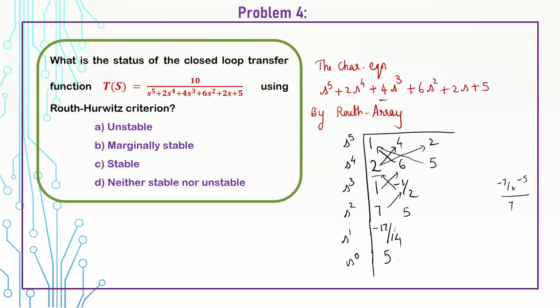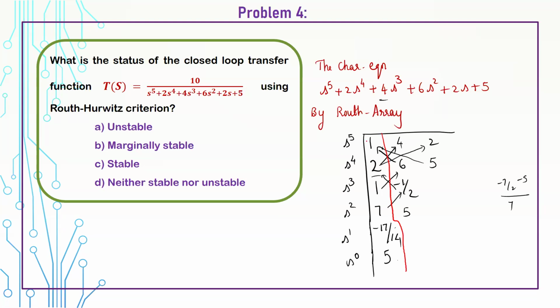Now let me check the first column of the Routh array, whether there are sign changes. The first column of the Routh array is 1, 2, 1, 7, minus 17 by 14, 5.